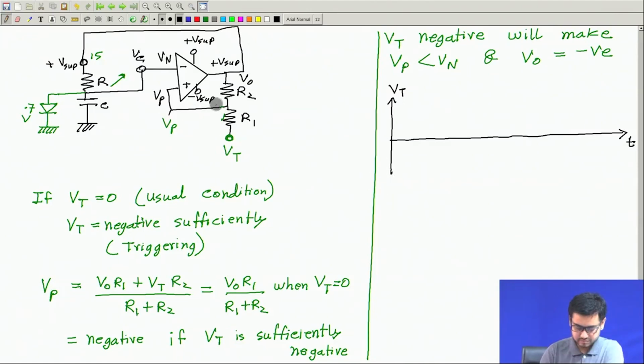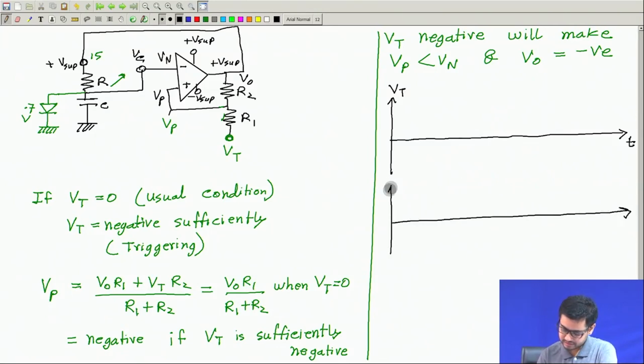Let us draw Vc, that is important. Vc, what else? Output definitely. Vo. Okay. So, let us see how it works.